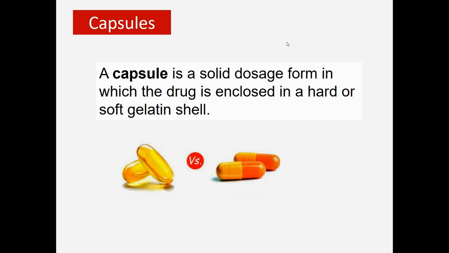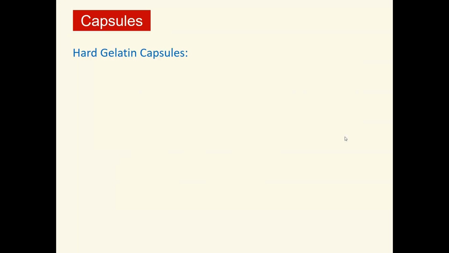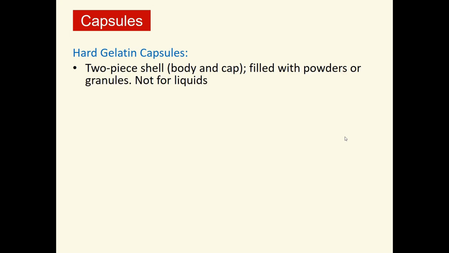Next, capsules. A capsule is a solid dosage form in which the drug is enclosed in a hard or soft gelatin capsule. There are two types of capsules, hard gelatin capsules and soft gelatin capsules. Hard gelatin capsules are made with two pieces of shells and are filled with powders or granules, not liquids.